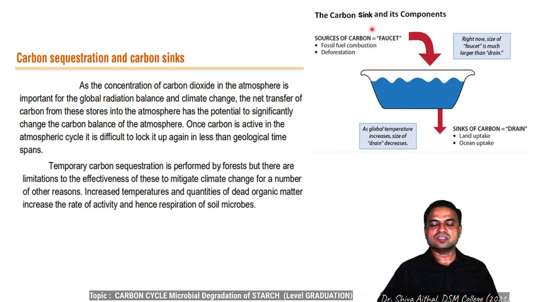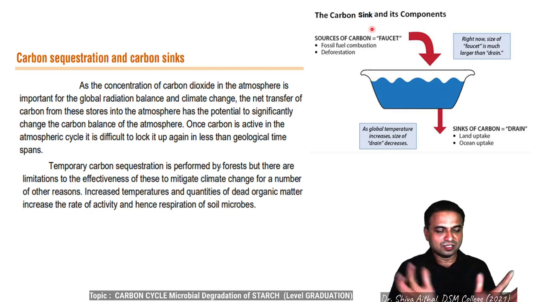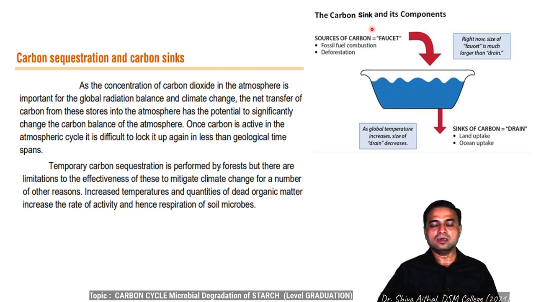Temporary carbon sequestration may happen in some forests, but the most important role is played by microorganisms and their enzymes, which degrade this sequestered carbon. What is sequestered carbon? Cellulose and starch, trapped in the form of fruits or plant material itself.